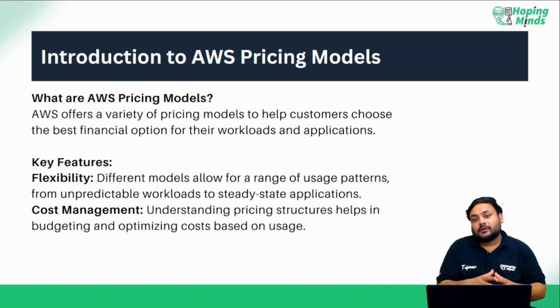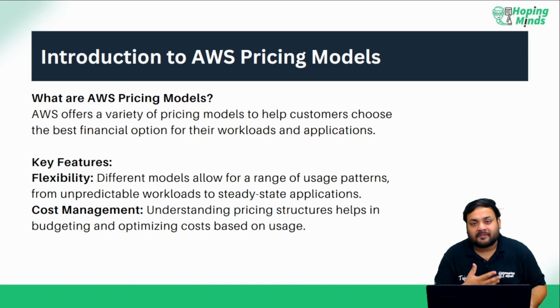Sometimes we have a pay as you go policy, sometimes a subscription model, sometimes a tiered pricing model. So there are lots of pricing models based on the service, based on consumption, or based on the user's requirement. We have different pricing models in AWS.